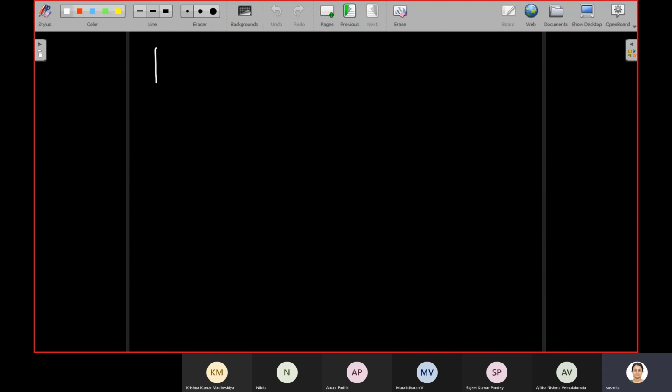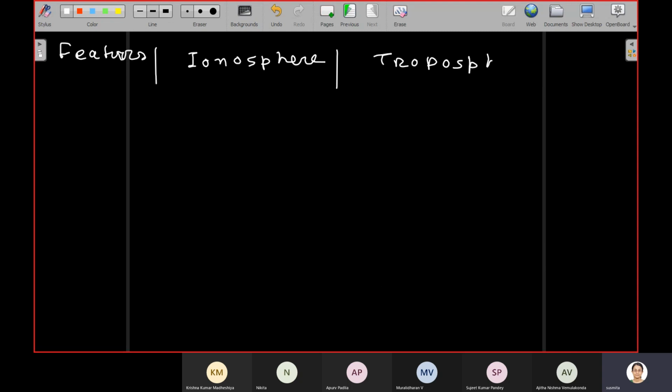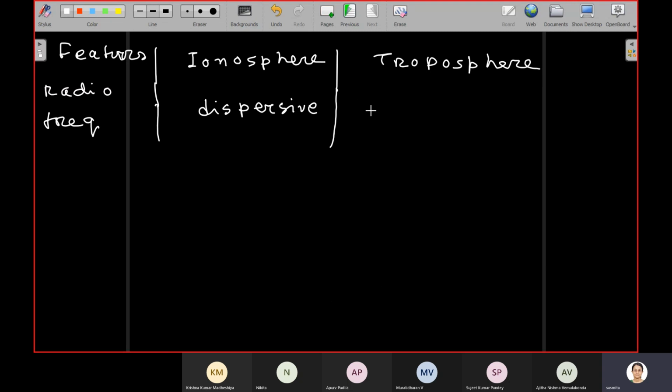And then the next and the last feature is how they behave with respect to the radio frequency. We discussed that the ionosphere is a dispersive medium, whereas the troposphere is non-dispersive.